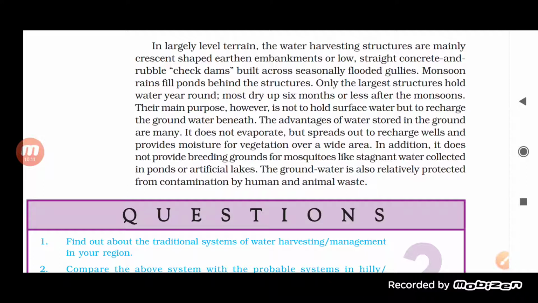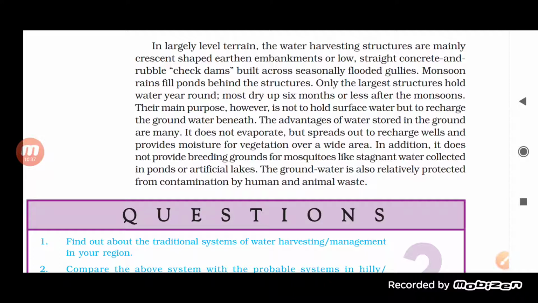And the advantages of water stored in the ground are many. It does not evaporate but is spread out, recharges wells, and provides moisture for vegetation over a wide area. In addition, it does not provide a breeding ground for mosquitoes like stagnant water collected in a pond or artificial lake. The groundwater is also relatively protected from contamination by human or animal waste.